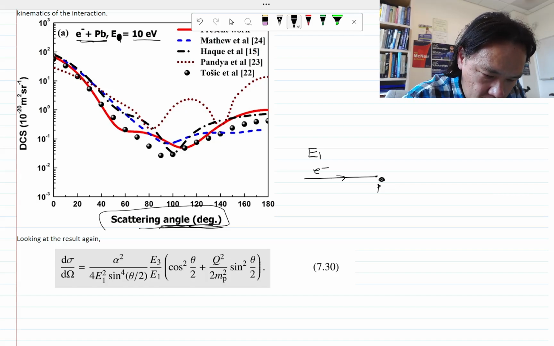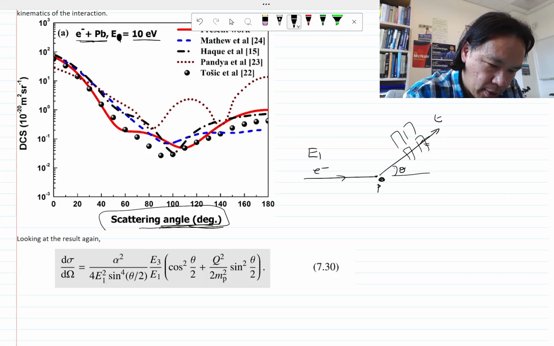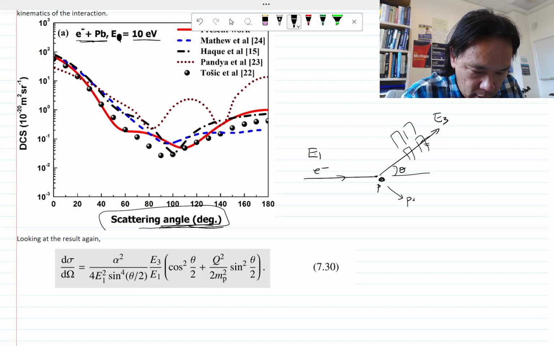As the electron scatters out at some angle, you put some detectors here to figure out what the angle is. Usually you can even measure the energy coming out, E3, but you don't need to because you can calculate it if you know E1 and theta. And then this proton just goes off in some momentum P4 that you never actually measure.